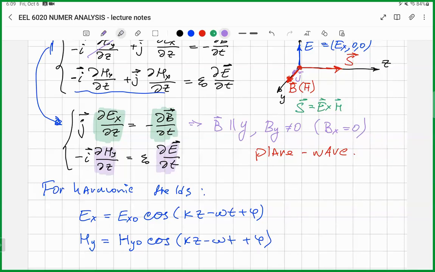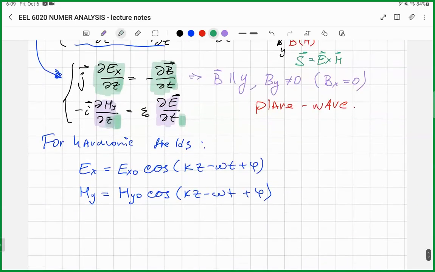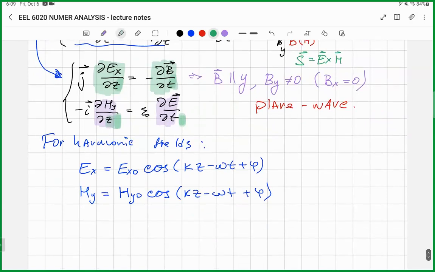You can read it like this: the change of electric field in time causes change of magnetic field in space, and then change of magnetic field in time causes the change of electric field in space. So these two fields are connected in time and space through these two equations. And we have no charges, no currents here.